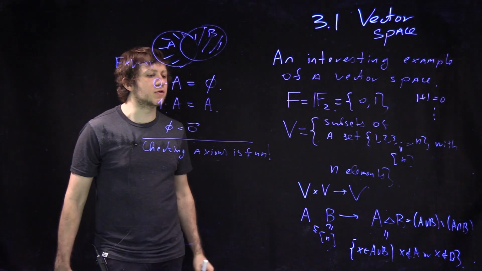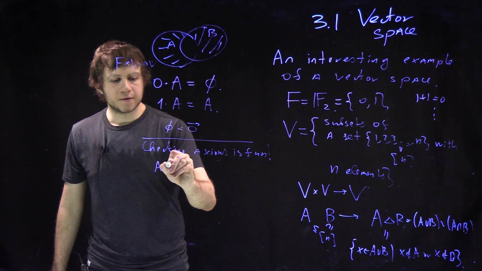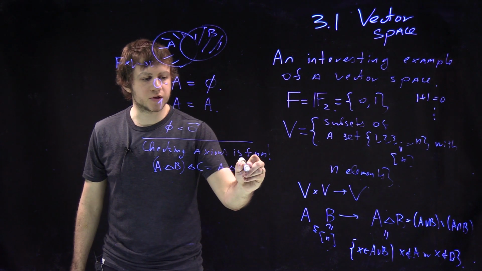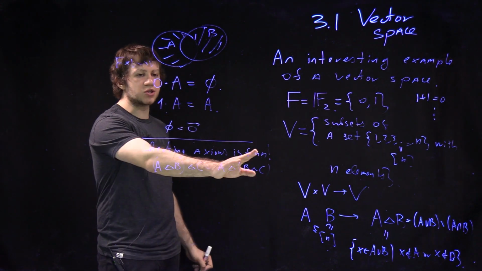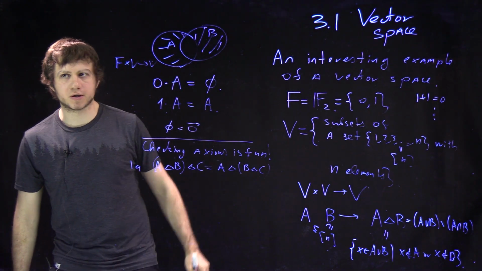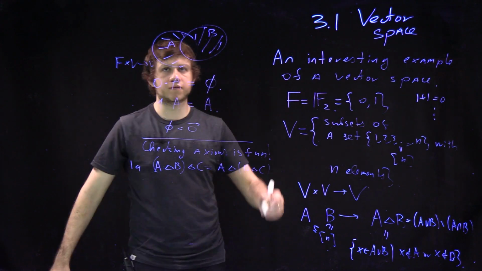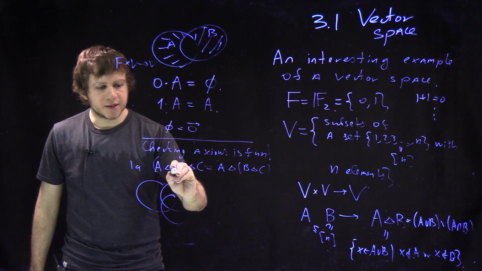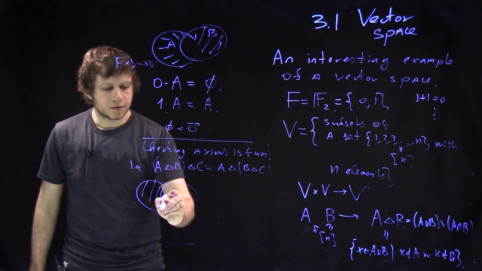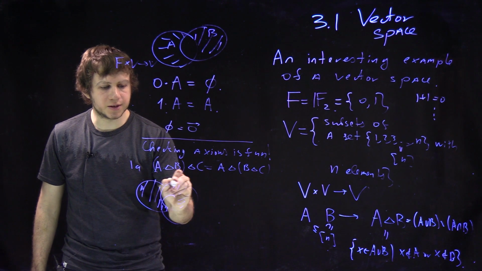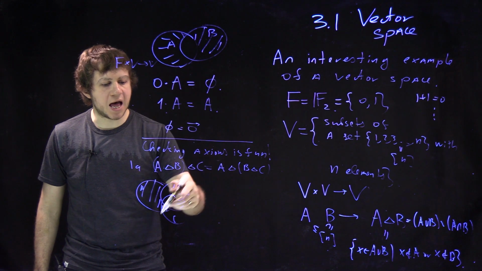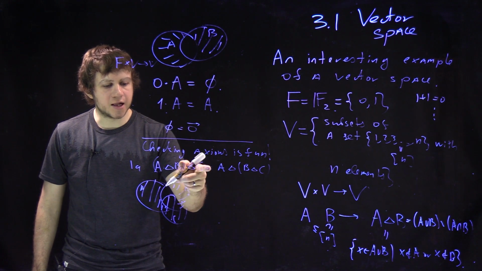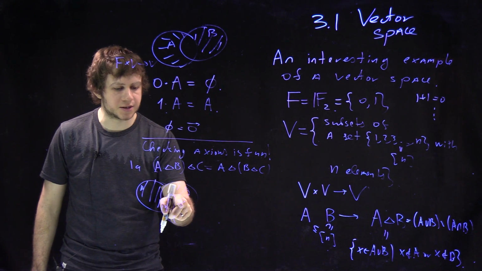So why is it fun? Because, for instance, let's check that A symmetric difference with (B symmetric difference with C) is the same as (A symmetric difference with B) symmetric difference with C. So this is just axiom 1.a, associativity of addition. Here it's not trivial, it's a property of set theory. So you have A, B, C. So what is A symmetric difference with B? This is that. And then symmetric difference with C is you add elements of C and you add this, and then you take away elements which are in the intersection of the symmetric difference and C, which is these guys.